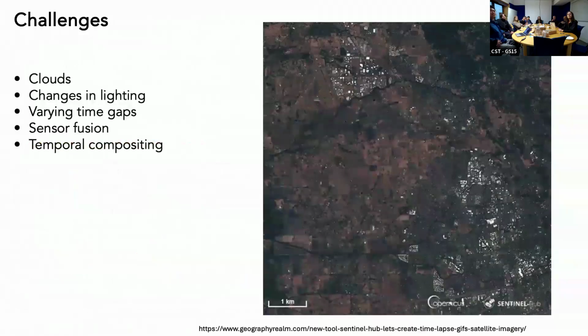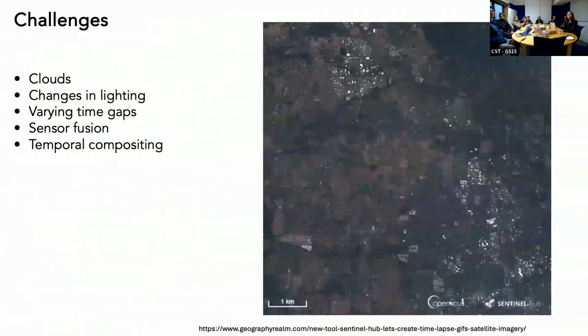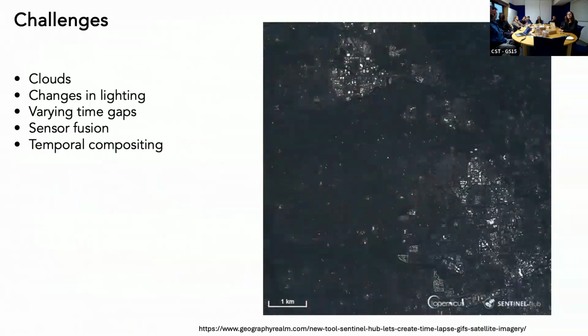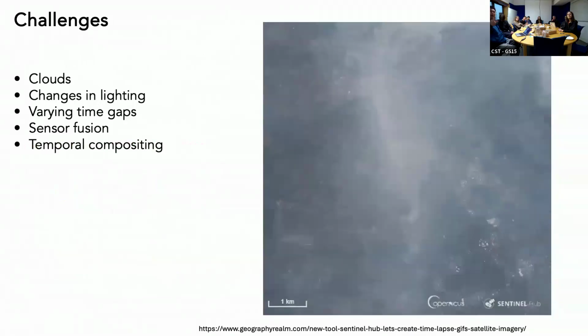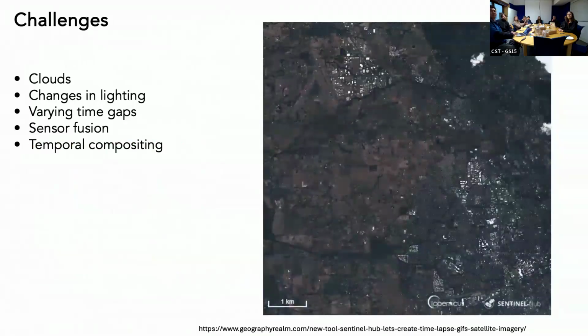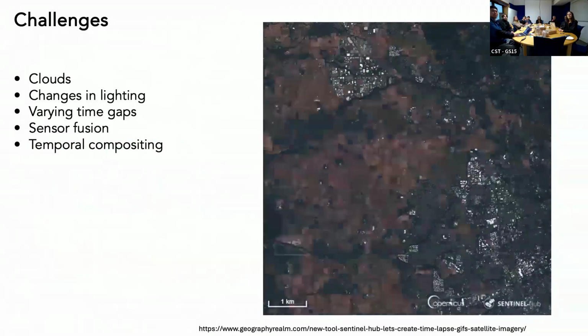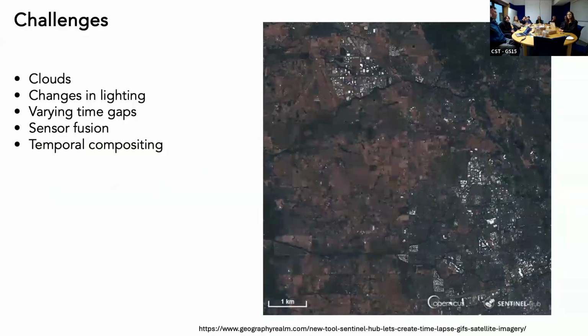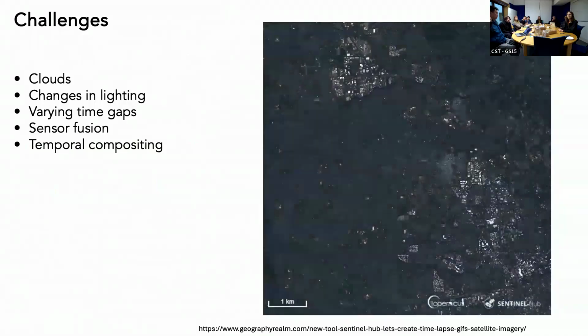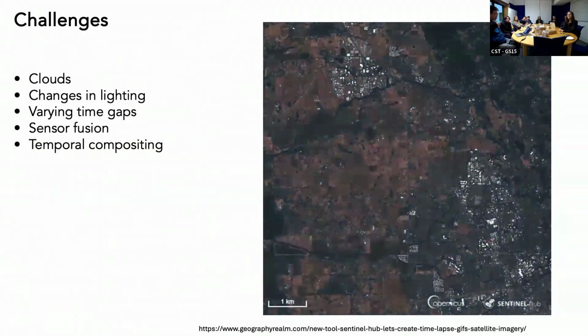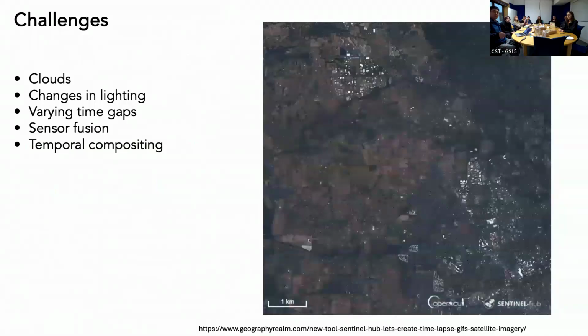But if you want to process them, there are some challenges. Let's say this is the Sentinel data that we have, and I show you the GIF here. You can see one problem is that some of the images have cloud. Whenever there's a cloud, this observation is not usable, because cloud doesn't include any useful information.